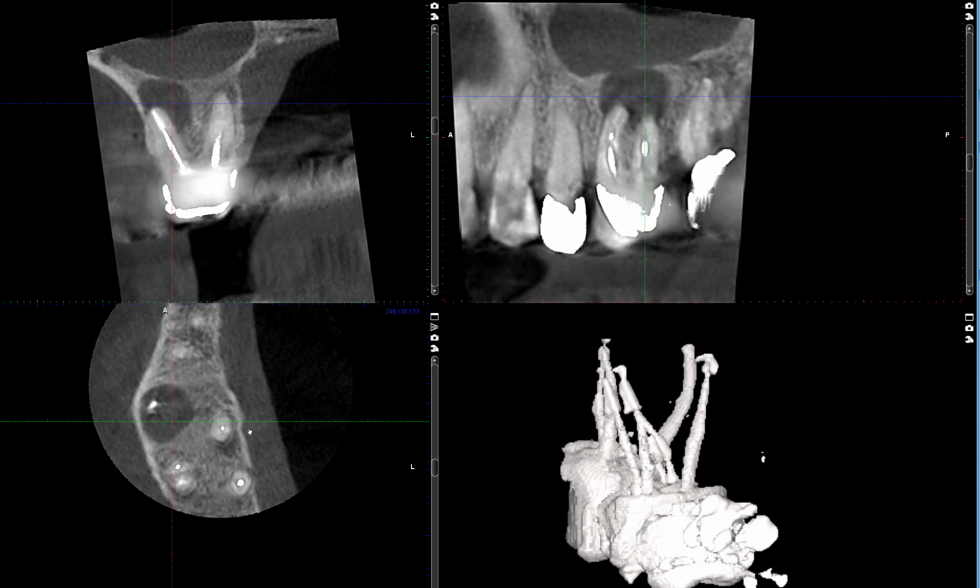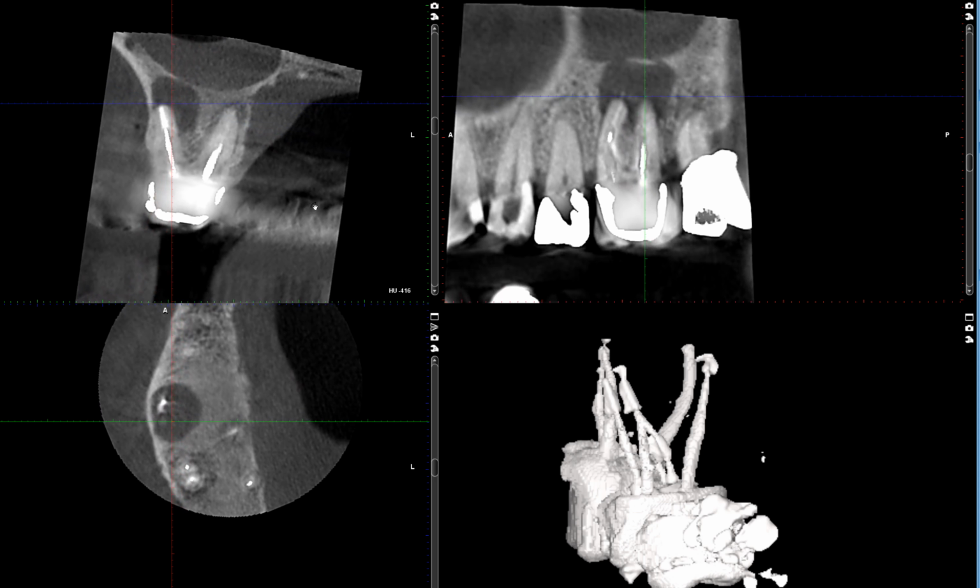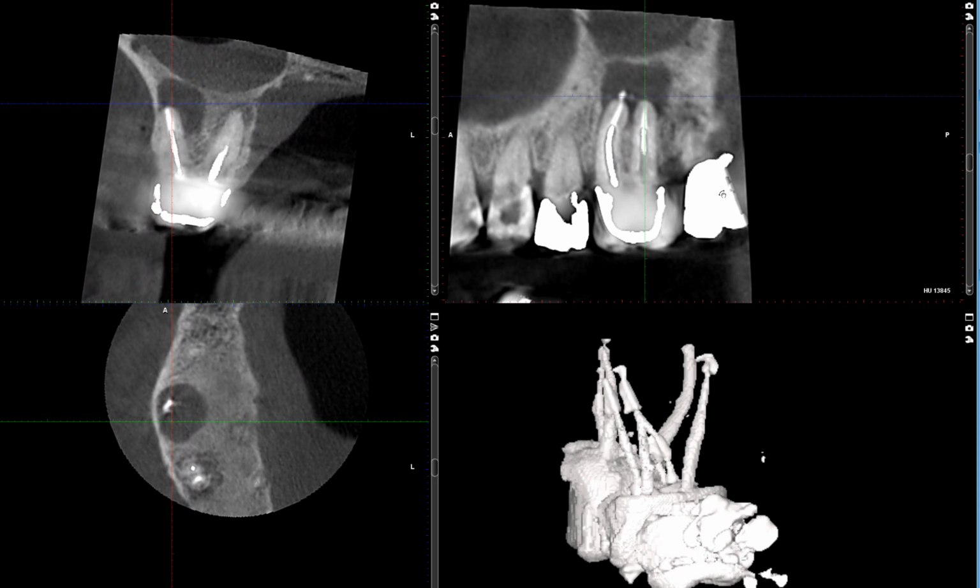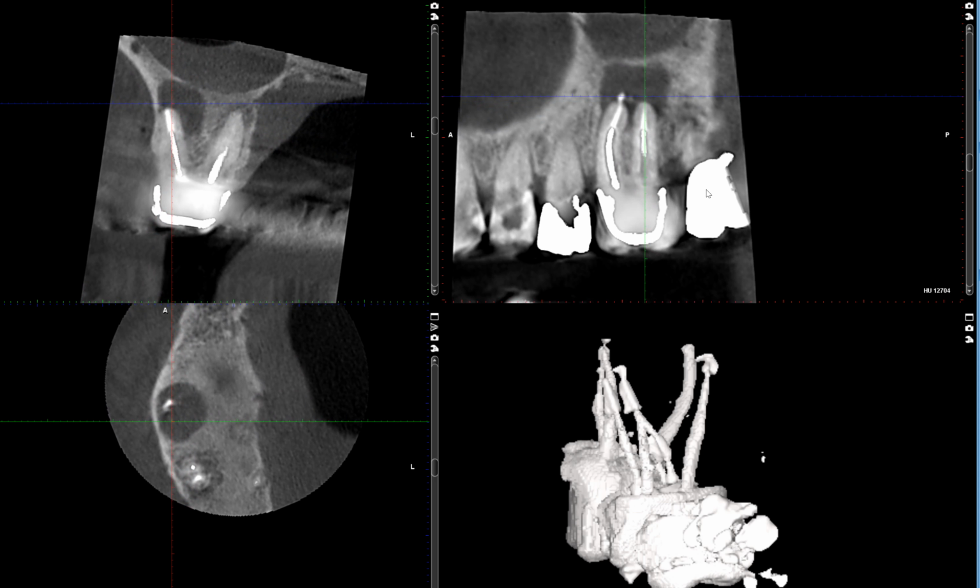And I think the main point is I want you to once again appreciate how much more information cone-beam CT can show versus the periapical radiograph, where you were guessing the exact border of the radiolucency. Perhaps you didn't even recognize that there is a periapical radiolucency.